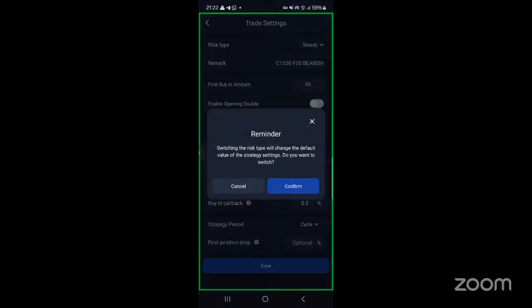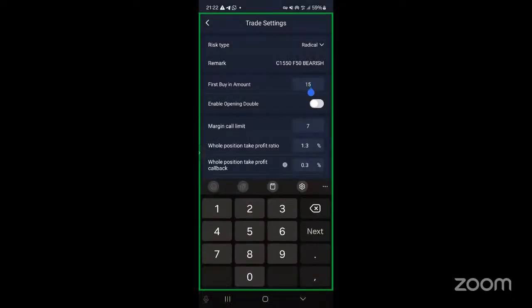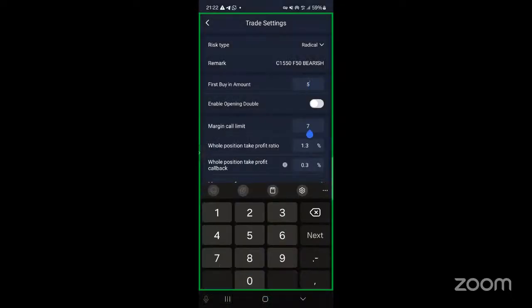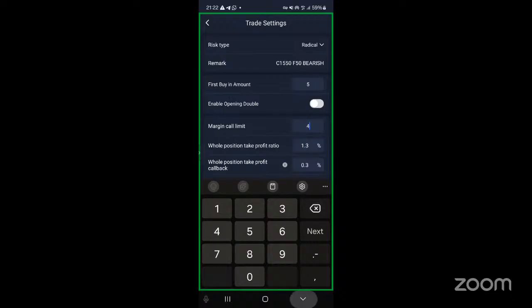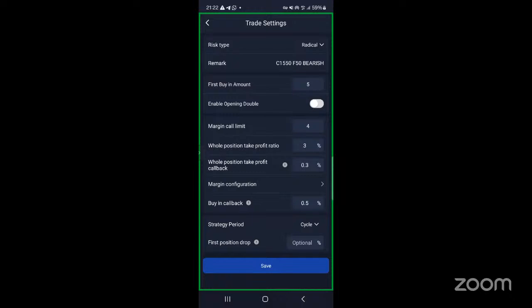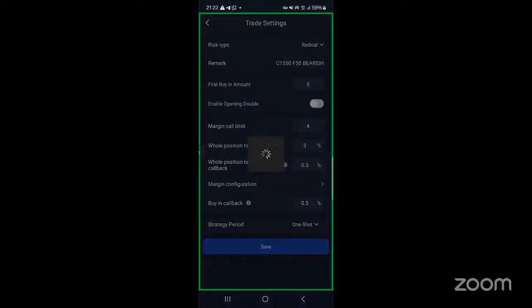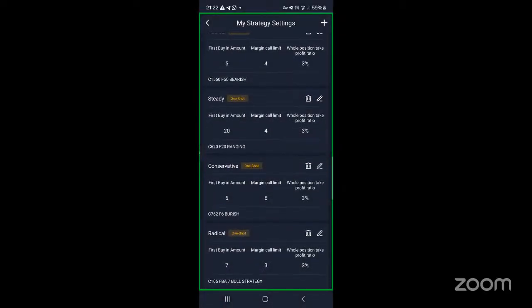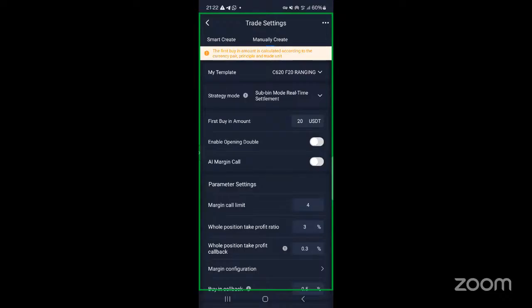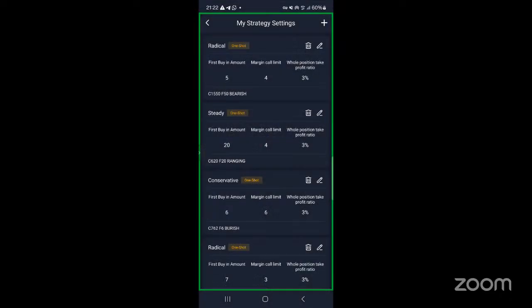This is radical. 4 margin calls. 3%. Have you understood that now?